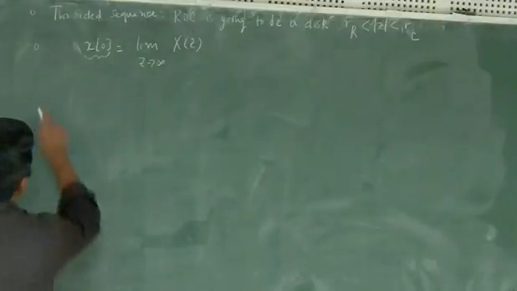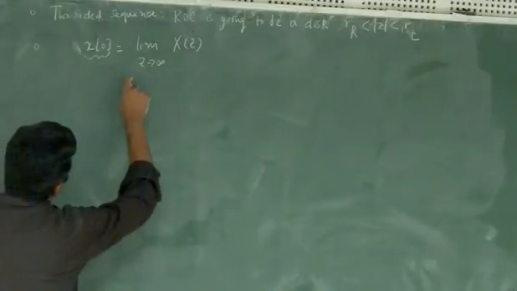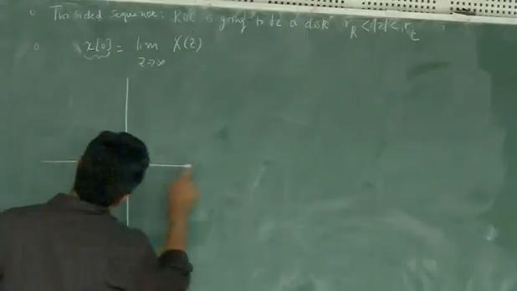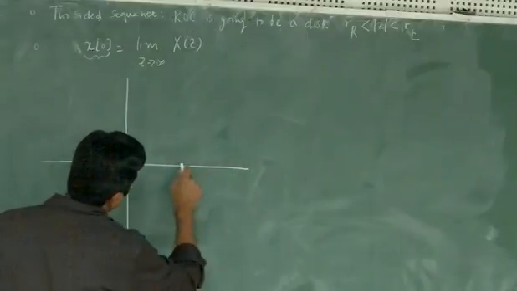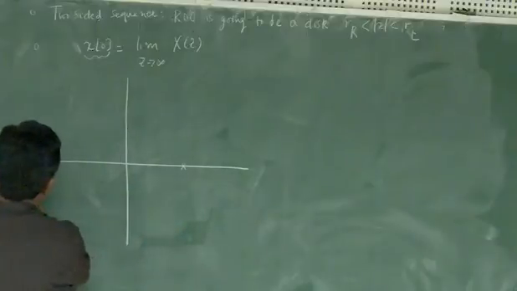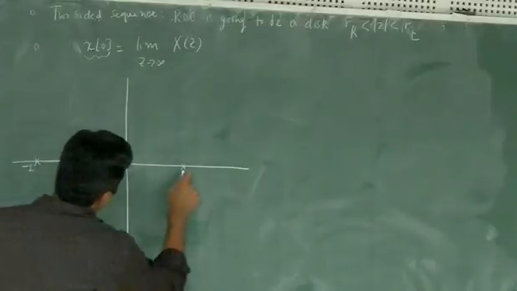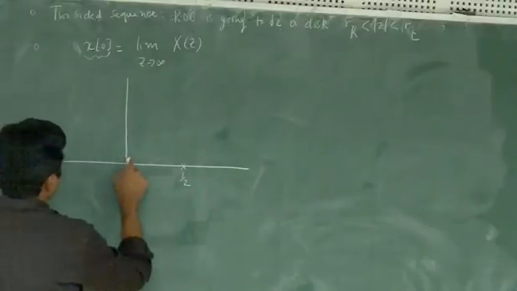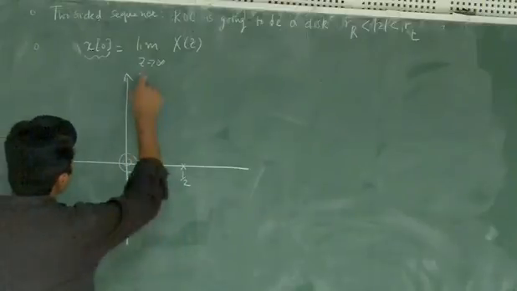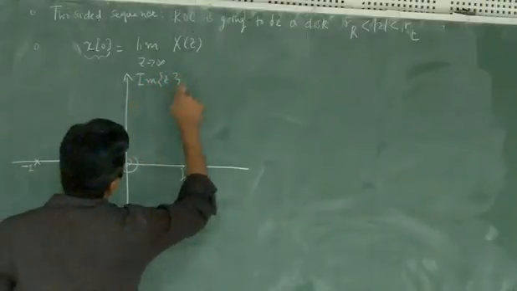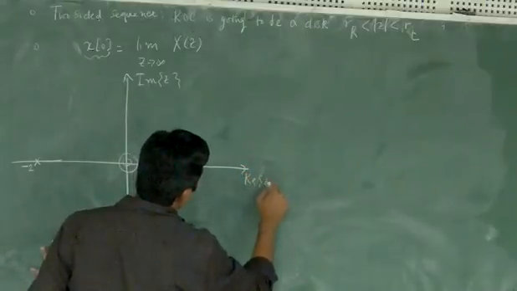Okay, so now let's look at one example. We've looked at some of the properties now, right?